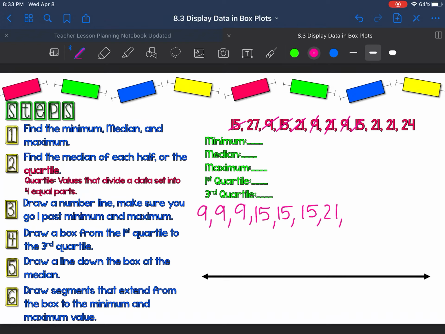After 15, I have 21. These numbers really remind me of counting by 3s here. So that's 1, 2, 3. And then finally another 21, a 24, and a 27.